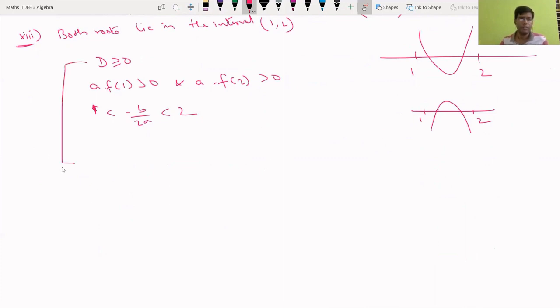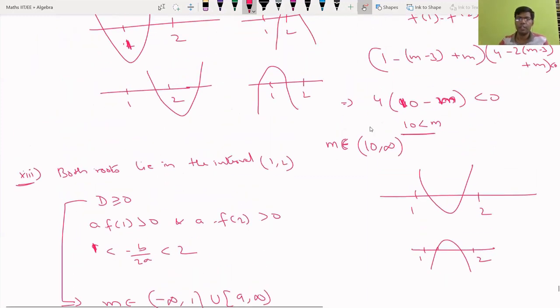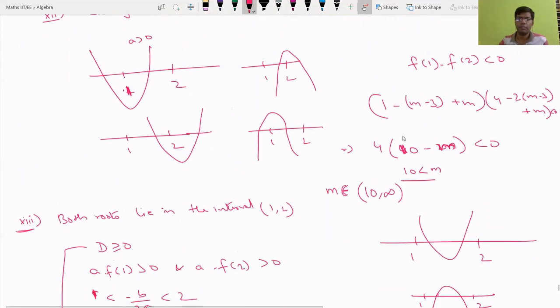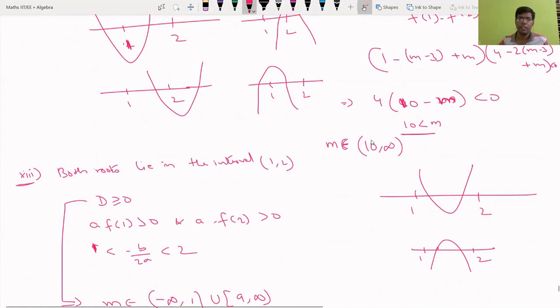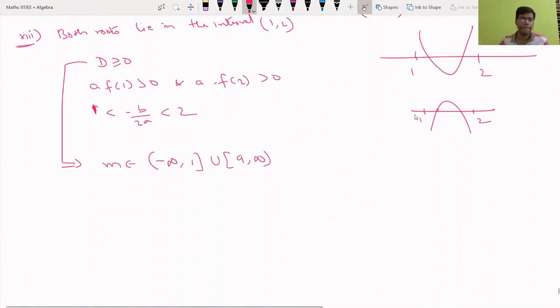So for this, I will have m belongs to minus infinity to 1. This we have already done. 9 to infinity. If we put x is equal to 1, the equation is x square minus (m minus 3) x plus m is equal to 0.